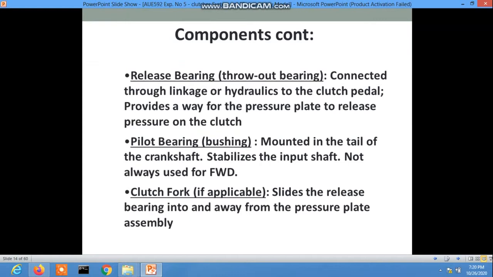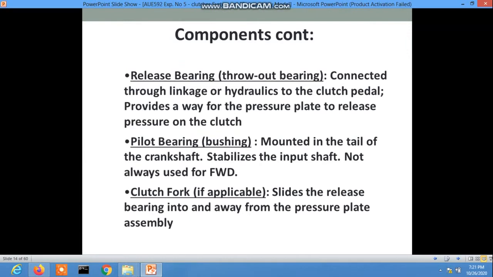The pilot bearing or bushing is mounted in the tail of the crankshaft, a stabilizer of the input shaft, not always used for front wheel drives. Clutch fork: slides the release bearing into and away from the pressure plate assembly.